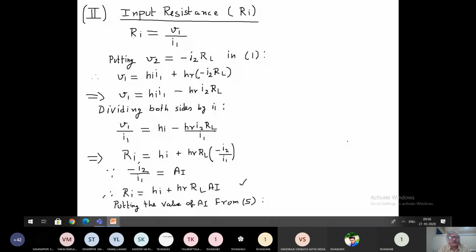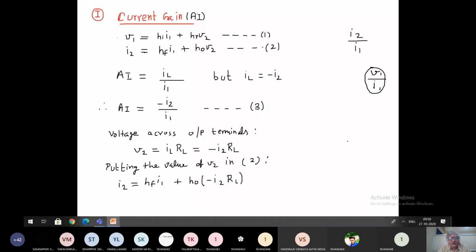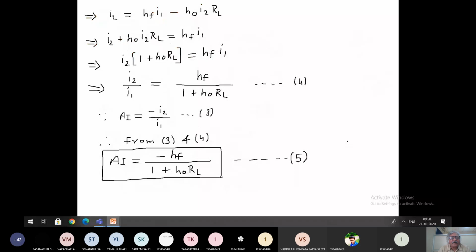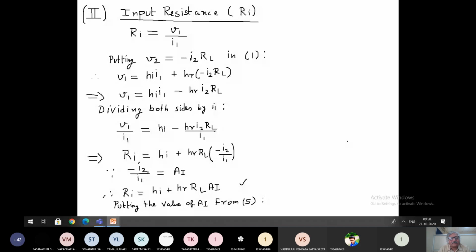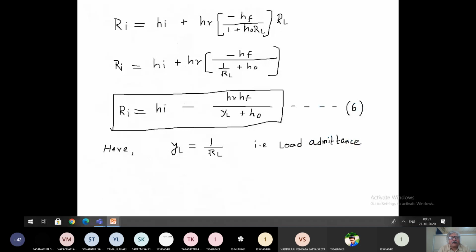Even in the examination, if this type of derivation is there, first you derive current gain, because whatever current gain expression you are having, this expression 5, we are utilizing in input resistance. So in this sequence itself, you do the things.